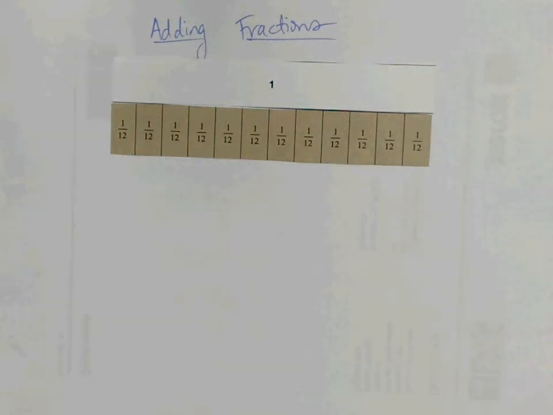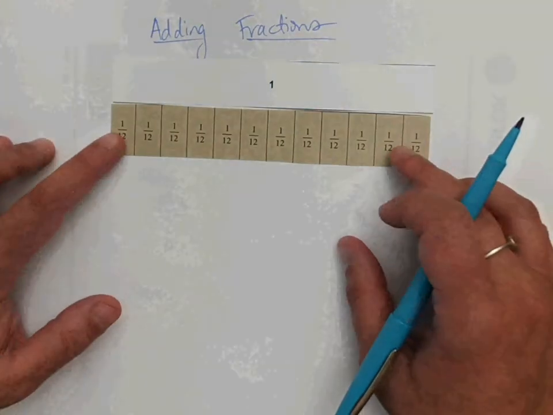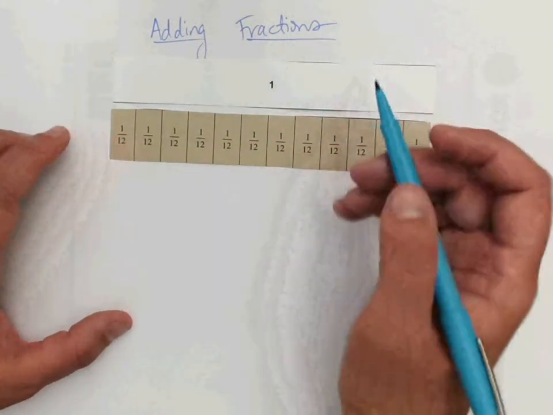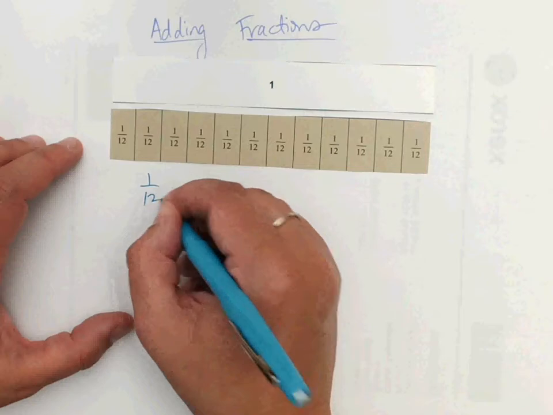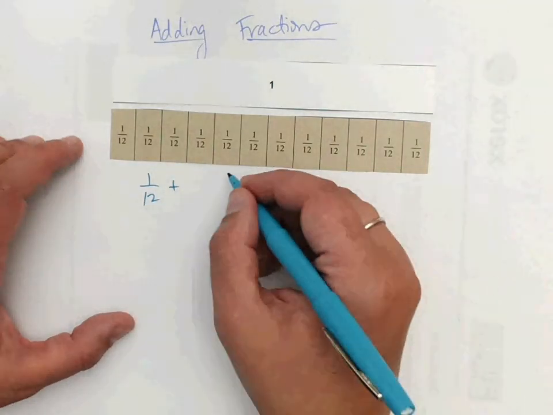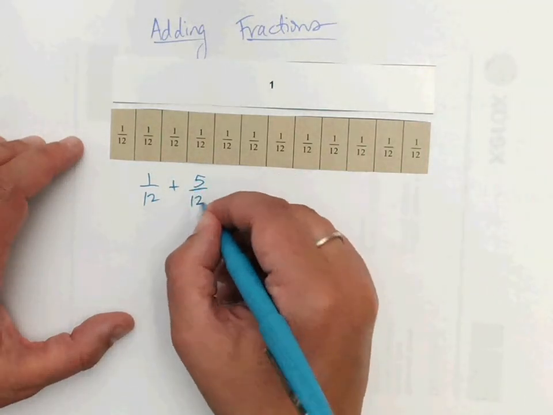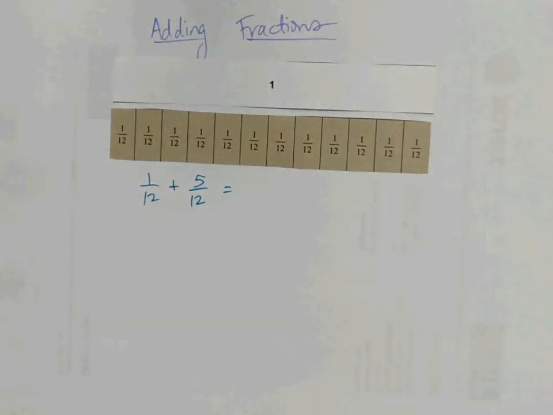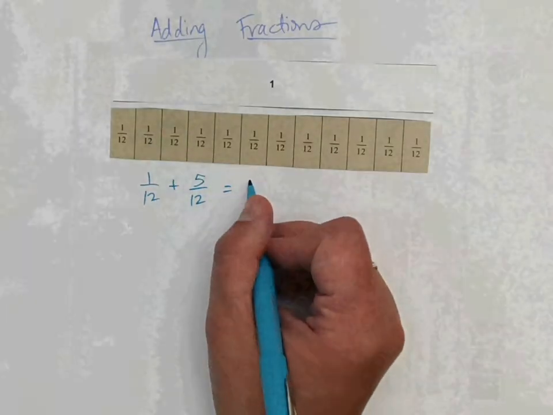If I cut something into equal pieces. So now, if I were to say 1/12 plus 5/12, how many 12ths would I have? 6/12.